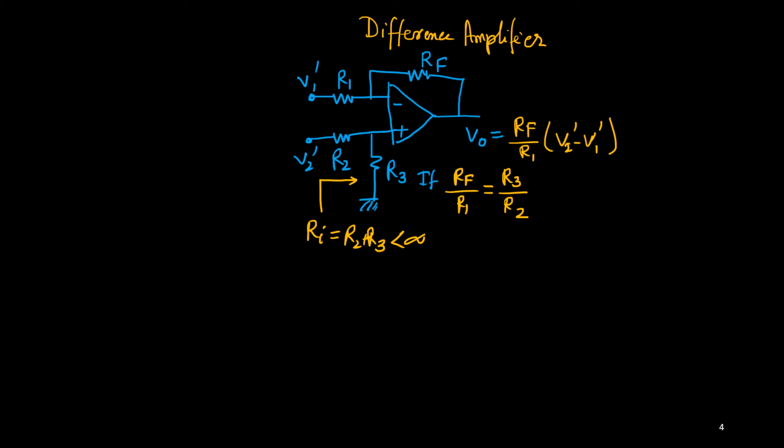Similarly here. If you look from this side, what is the input impedance? Ri is simply R1 only. That also we have discussed. And that is obviously less than infinity. So you are not getting infinite input impedance in this difference amplifier.